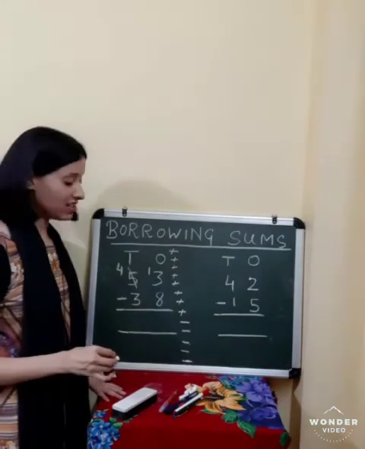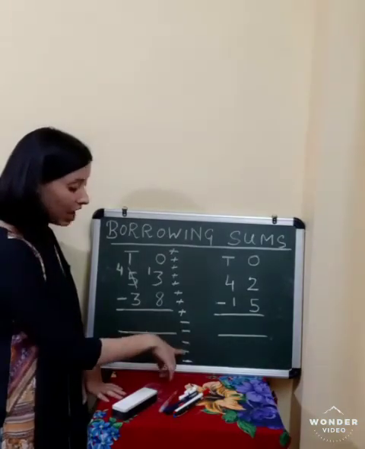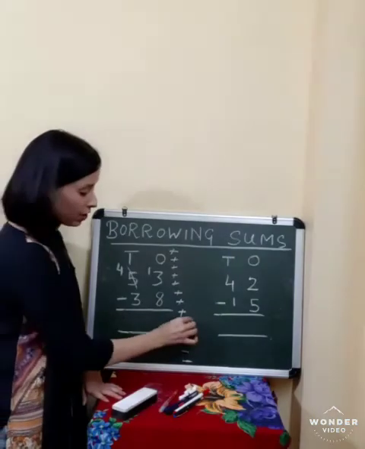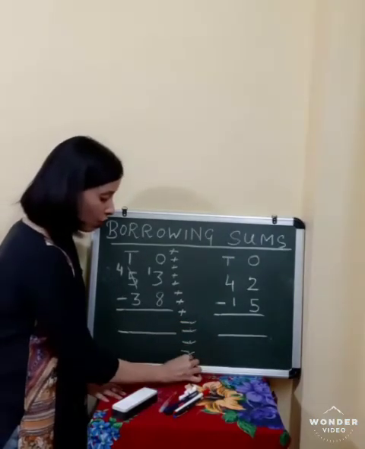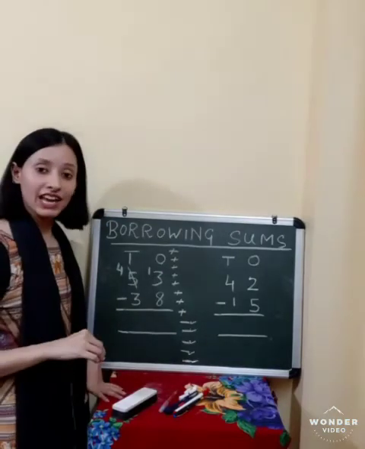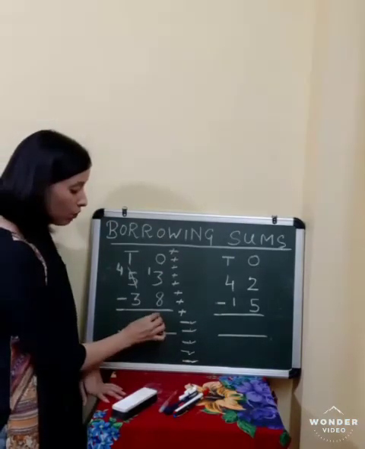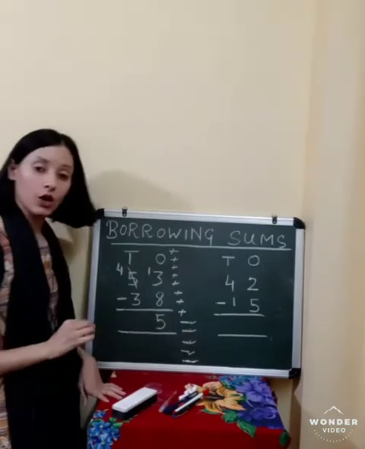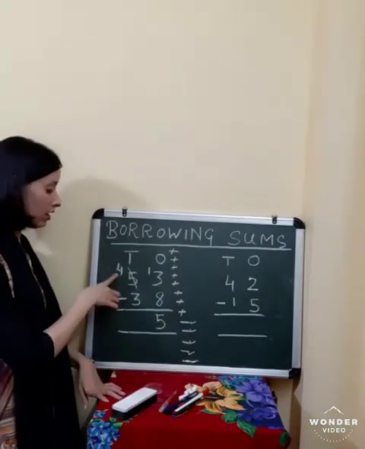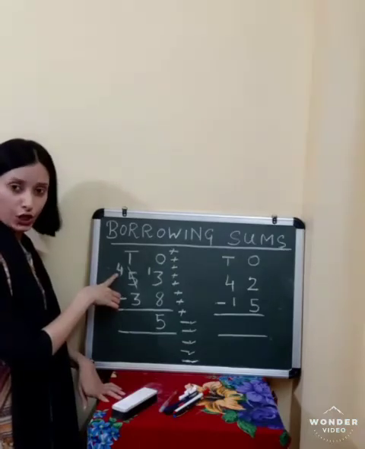So 8 lines are cut out. Now see how many lines are left. 1, 2, 3, 4, 5. 5 lines are left. So what is going to come over here? 5.